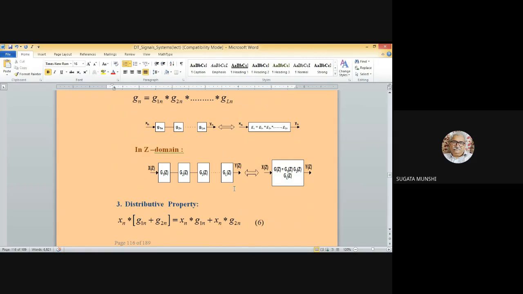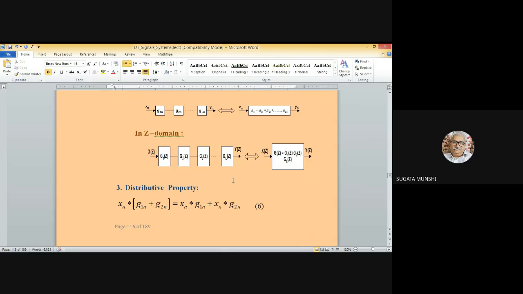Next property is called the distributive property. Statement is given in equation 6.